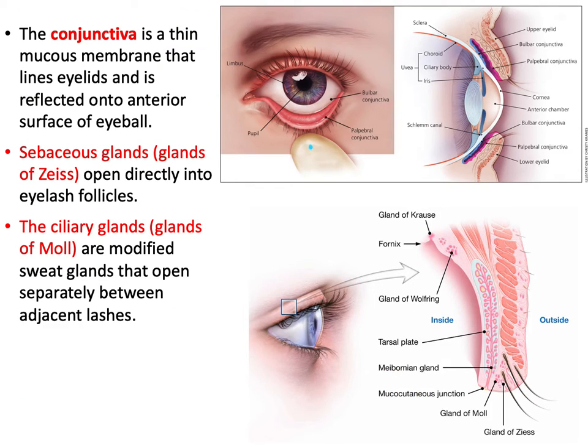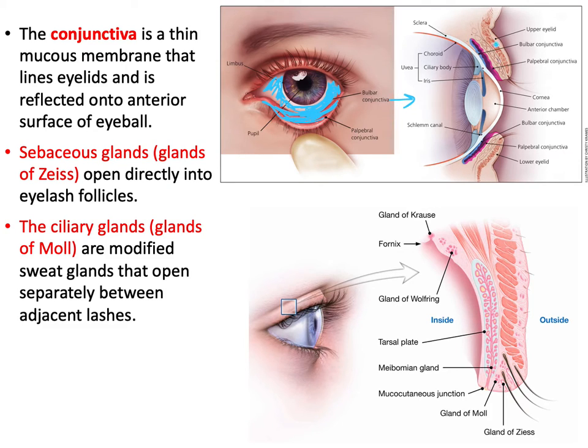Back again to remind you, the upper and lower eyelid are lined by a mucous membrane, which is the conjunctiva. So this is the palpebral conjunctiva. It not only lines the eyelids, but it also moves from this fornix and covers the sclera of the eye, the white color of your eyes, right? Now this part is called the bulbar conjunctiva.